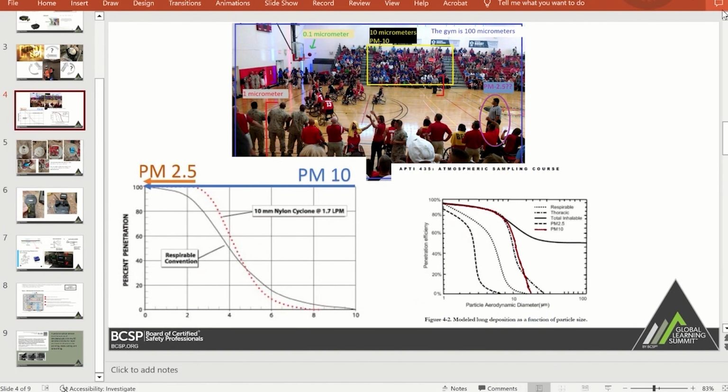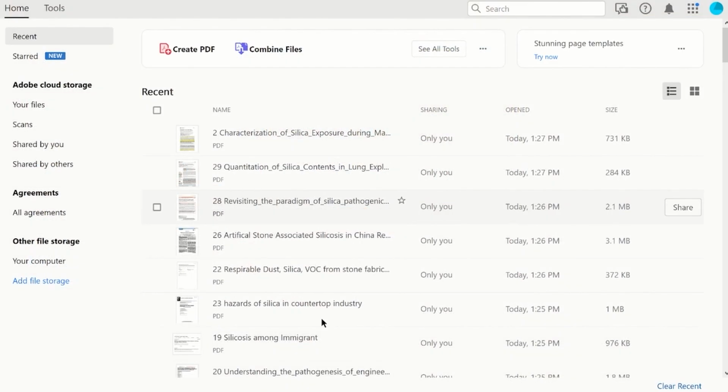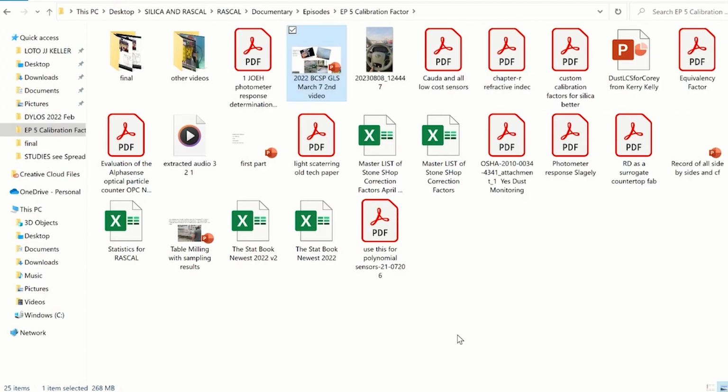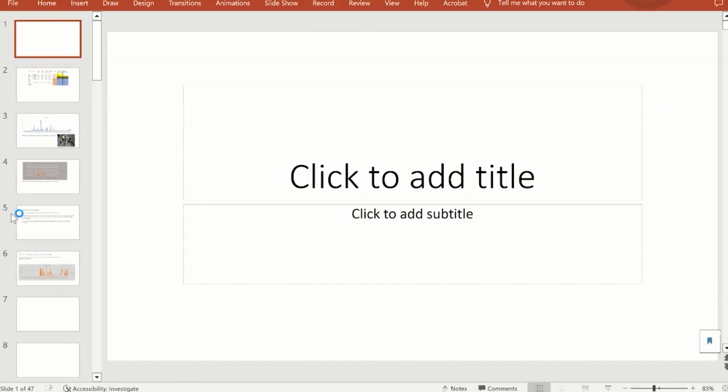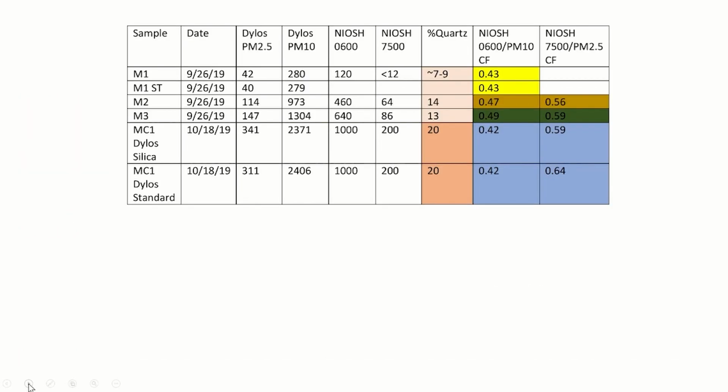Okay, so I actually want to show you some results and what this looks like. The first thing I'm going to do is show you side by side the kind of environment that I've captured. Now this is with the Dialos photometer, which I showed you in the video.